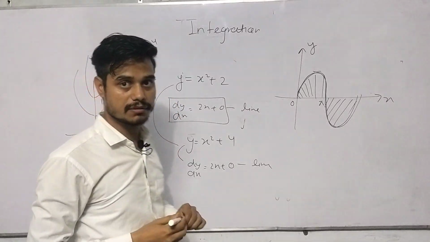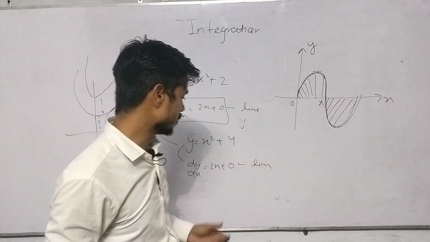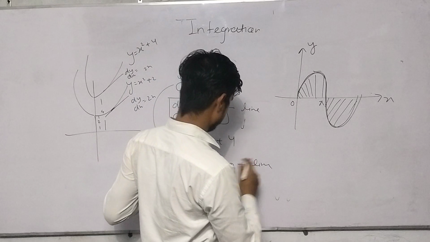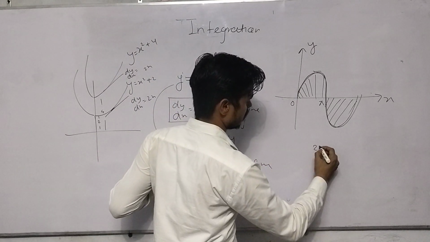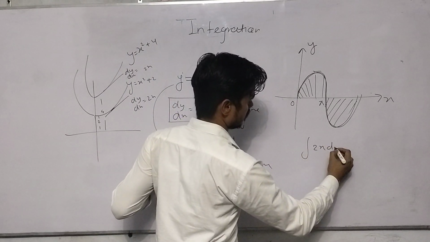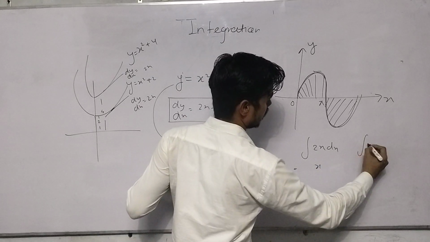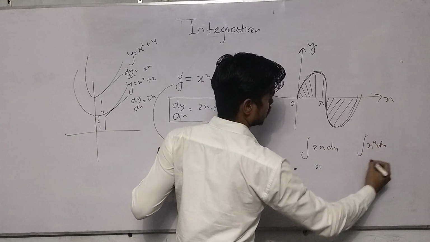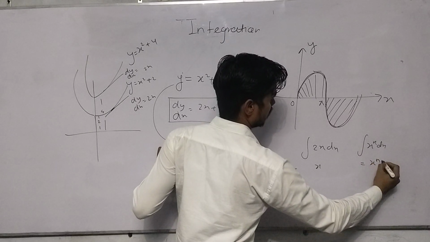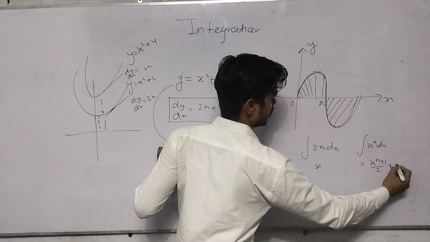Now you can see when we have to integrate this equation, suppose 2x integration dx, integration of x power n dx is equal to x power n plus 1 upon n plus 1 plus c.